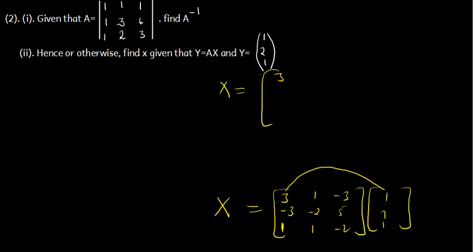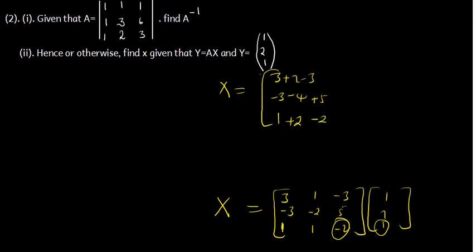So we found 3 plus 2 minus 3, negative 3 by 1, that is a negative 3, negative 2 by 2, that is a negative 4, and then 5 by a 1, that is a positive 5, and then 1 by 1, that is a 1, plus 1 by 2, that is a 2, plus negative 2 by 1, that is a negative 2.